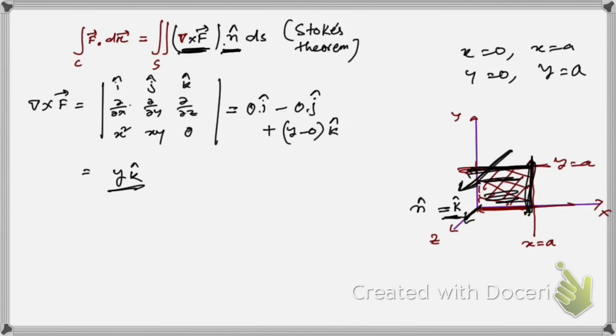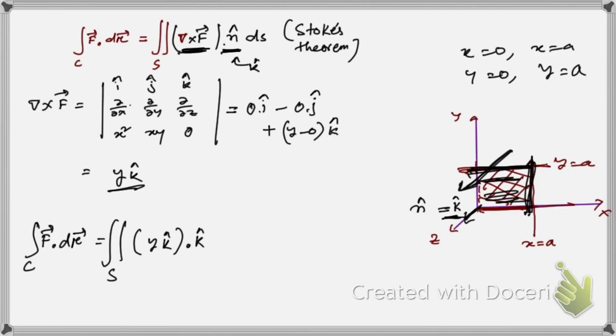So now we can write that integration F dot dr will be equal to the surface integral over S. Curl of F we have got y k cap. Then this n cap is replaced by k cap, because the normal unit vector is along z, right? Then ds can be written as dx dy, because this square is on the xy plane.